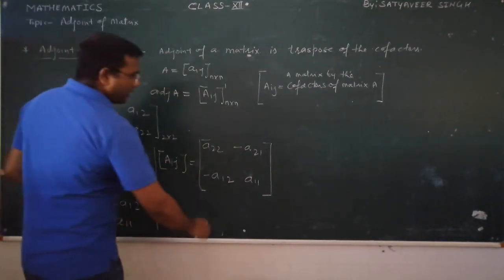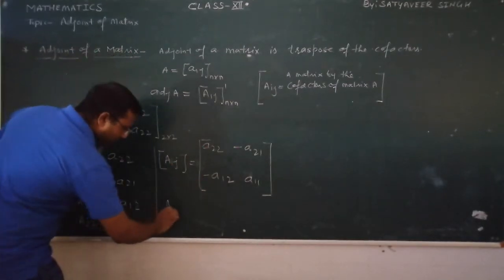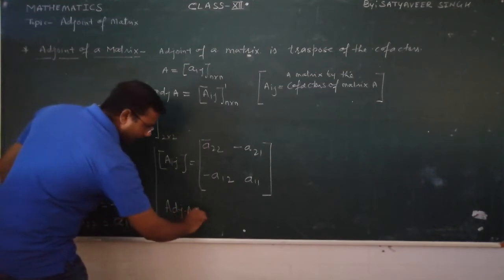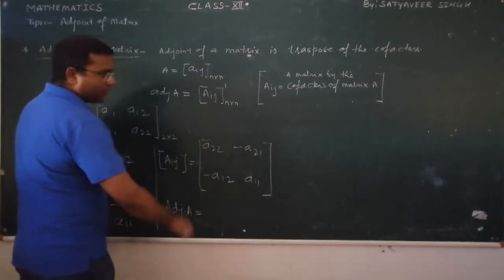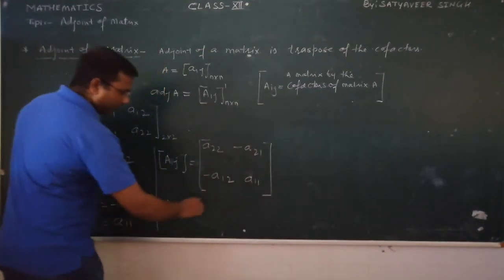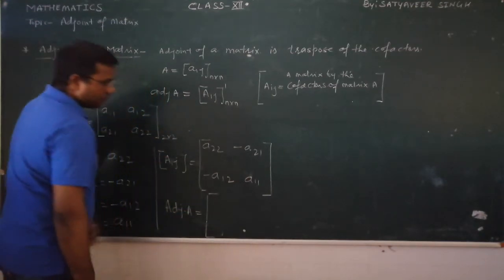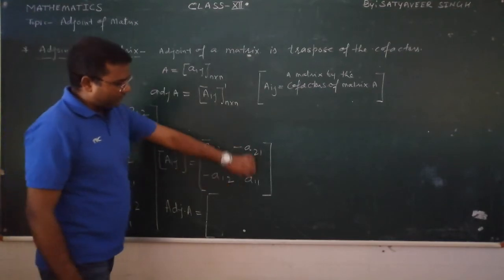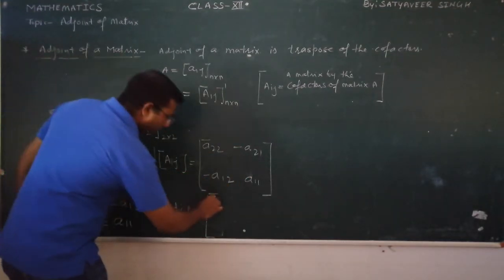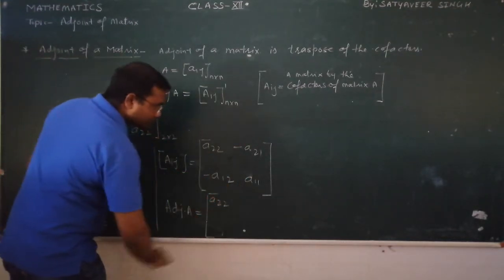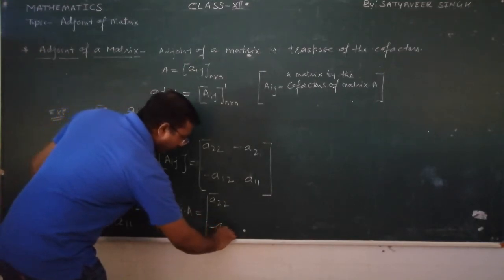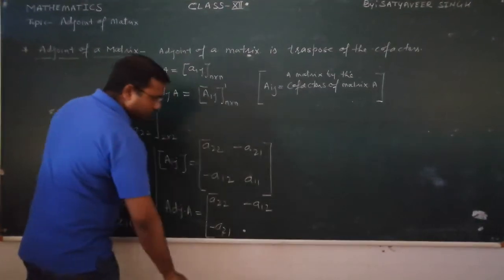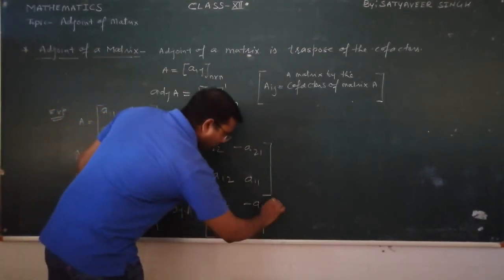If I find the adjoint of this, I can now write adjoint of matrix A. If I find the transpose of this, it means R1 I will convert into C1, R2 I will convert into C2. So it will be A22, minus A21 and minus A12, and A11.